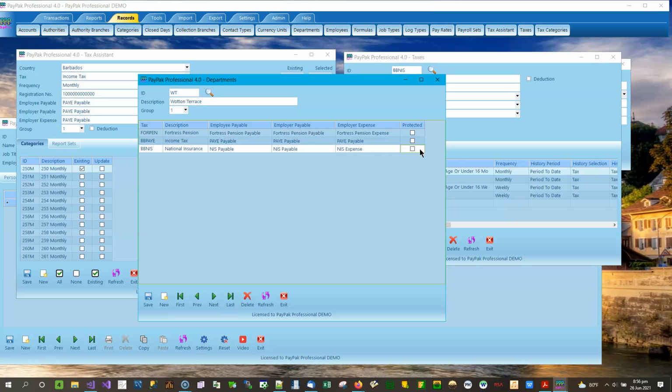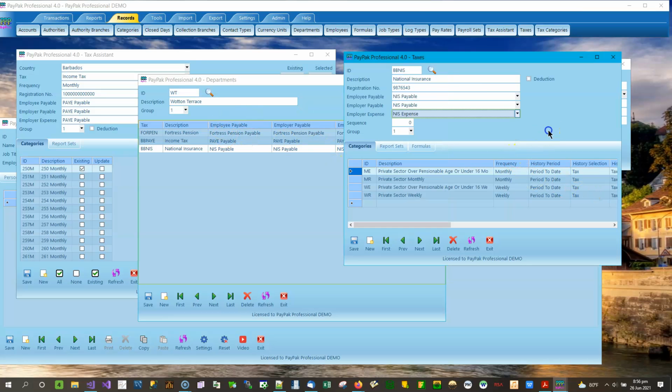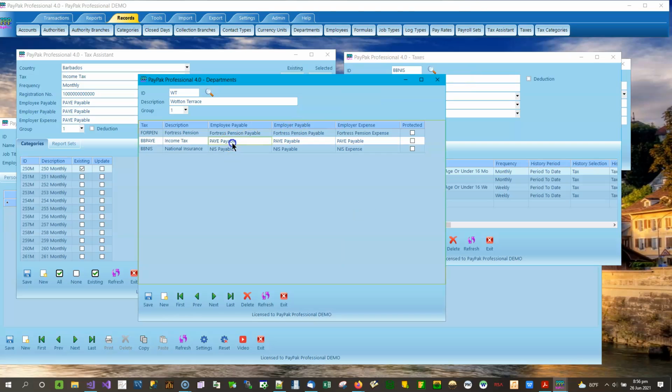The payables could still go to the default accounts. They can also be changed if you wanted to, because you can change any of the three account assignments in this section of the screen: employee payable, employer payable, or employer expense.